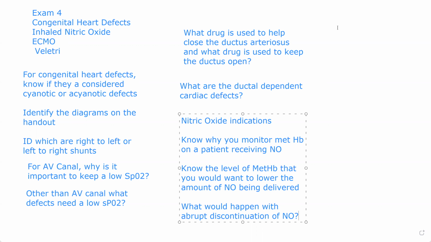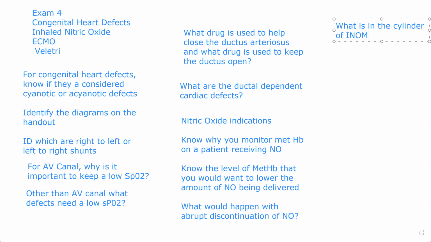It asks, what is in the cylinder of INOmax? Is it all oxygen with a little bit of nitric oxide? Is it pure nitric oxide? Is it nitric oxide and something else? So make sure you look that up.